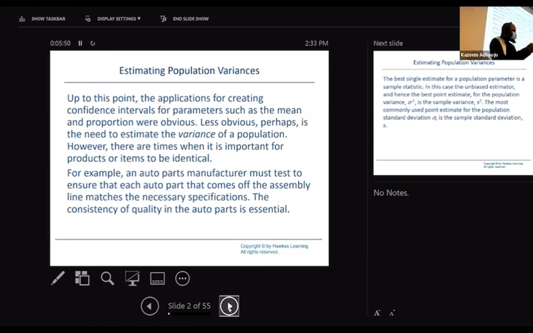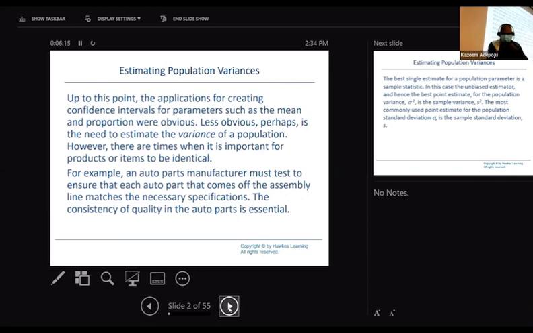Now, in that kind of situation, we find ourselves in a stochastic world where we cannot rule out variation. There's always going to be variation in quality, okay, in what we produce. And that is the reason why we need to investigate the variance. If we want to talk about variability, then you need to estimate your variance.